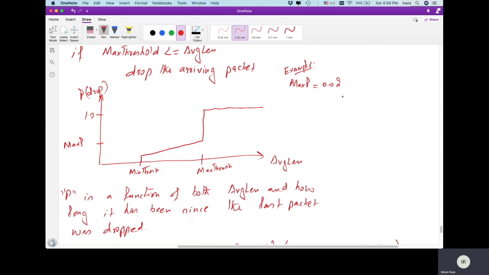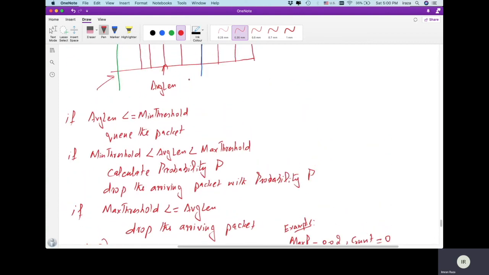So max P is equal to 0.02 and count is 0. So let's assume the average length were half between the two thresholds, which is the case over here in this diagram, right?